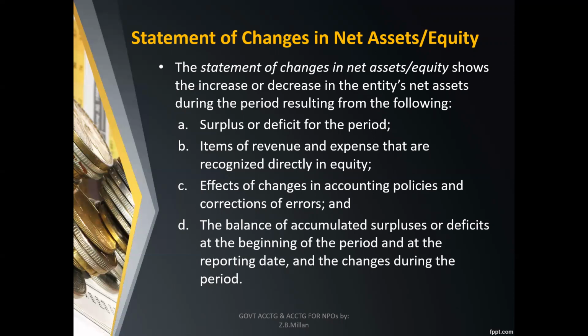As you can see here, unlike in the commercial accounting, items such as change in accounting policy as well as correction of errors, you will present as part of your statement of comprehensive income.